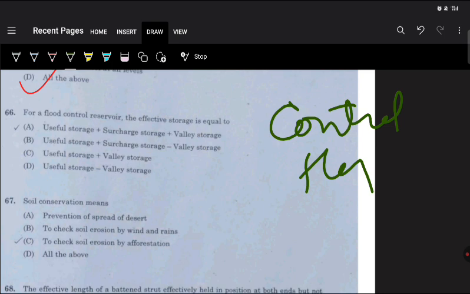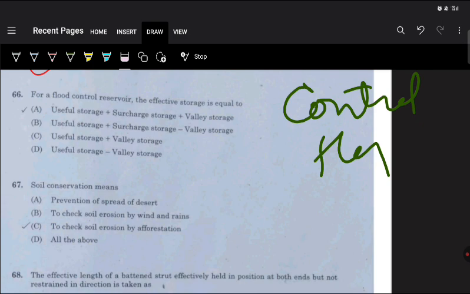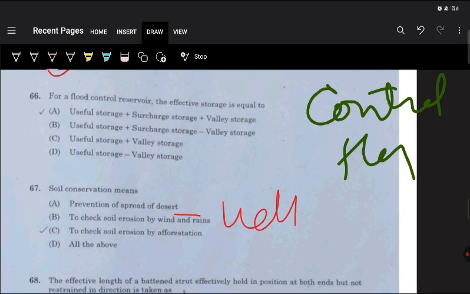Here effective storage is equal to the storage capacity of the reservoir minus valley storage. During a flood, the reservoir can have that much storage capacity minus valley storage. That is called our effective storage, right? So the answer is option B. Useful storage plus surcharge storage minus valley storage.